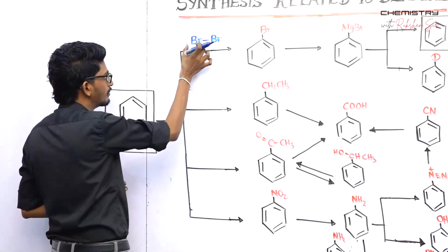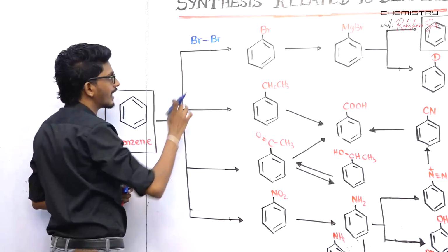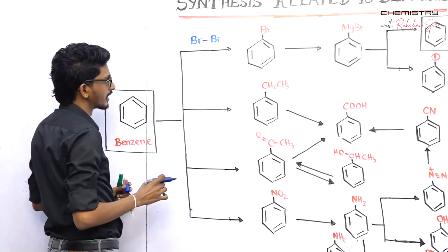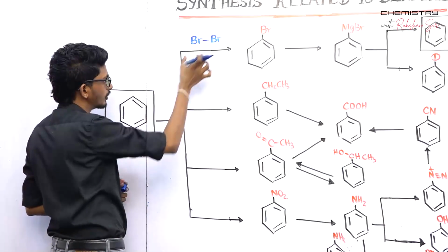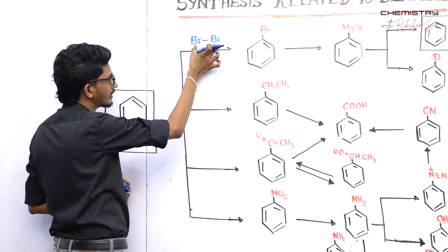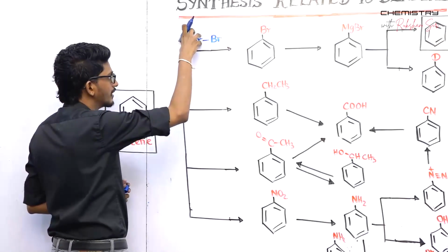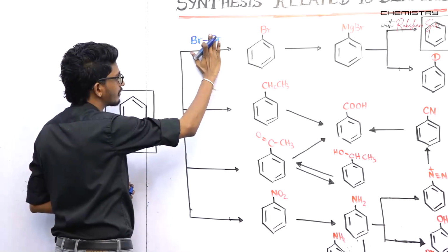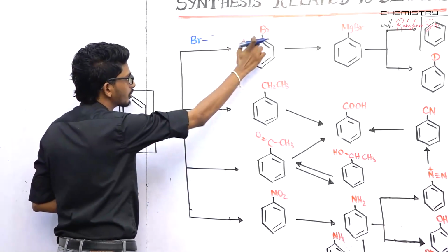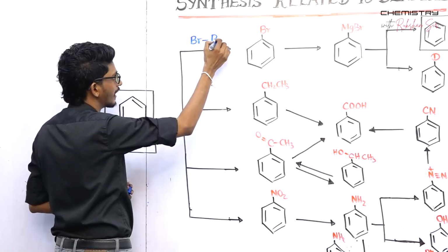One of the Br will connect to the ring and the other Br will leave, so the reagent you should add is Br2. As one leaves, that bond will connect to the ring.